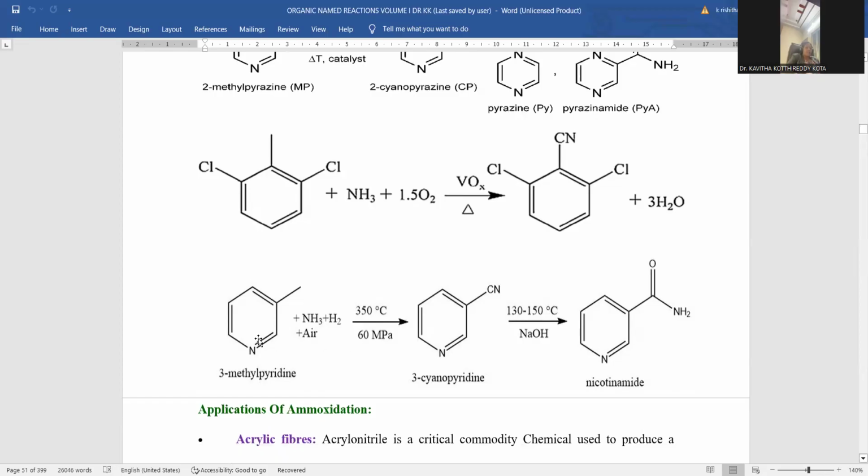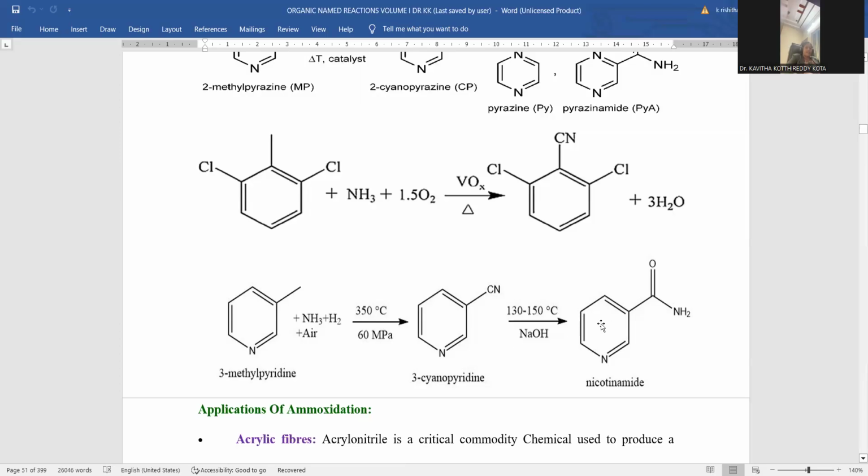Let me explore the applicability of the compound examples pertaining to the ammoxidation process. Here we have a methyl functional group over position number 3. 3-methylpyridine was taken and treated with ammonia, hydrogen, and air conditions are operated. 350 degrees centigrade higher temperature is required, being pyrolytic conditions that will facilitate the gas phase ammoxidation process. 60 millipascal of pressure applied over there, so that wherever methyl is there, it is simply turned into a nitrile.